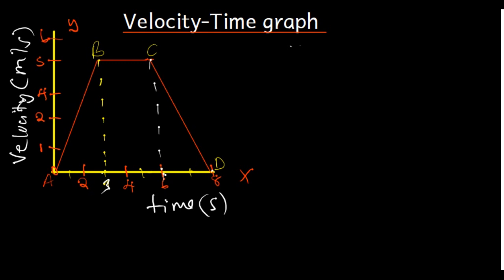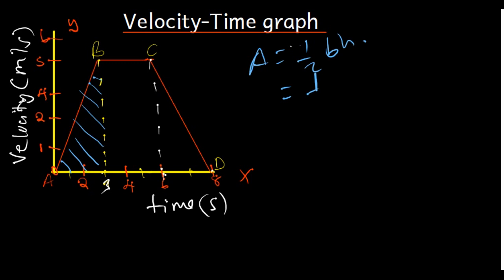To find the displacement under a velocity time graph is the same as finding the area under the curve. So the moment I find the area in this curve, that will be my displacement. The area is a triangle, so it's going to be half BH.